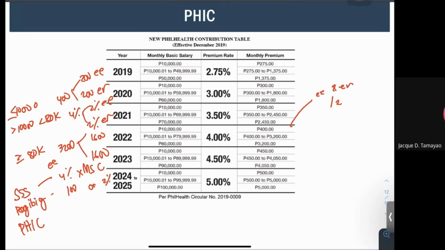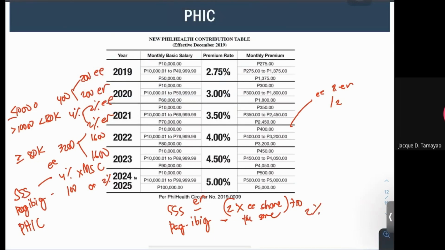For employer, you already know, for SSS, twice the employee share plus 10. For Pag-IBIG, the same. So 100 or 2%.